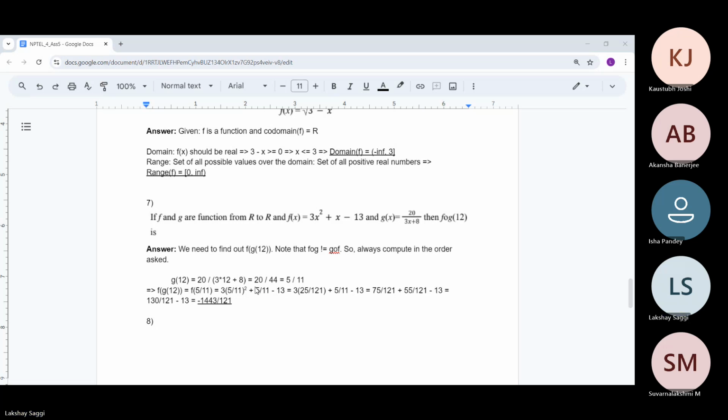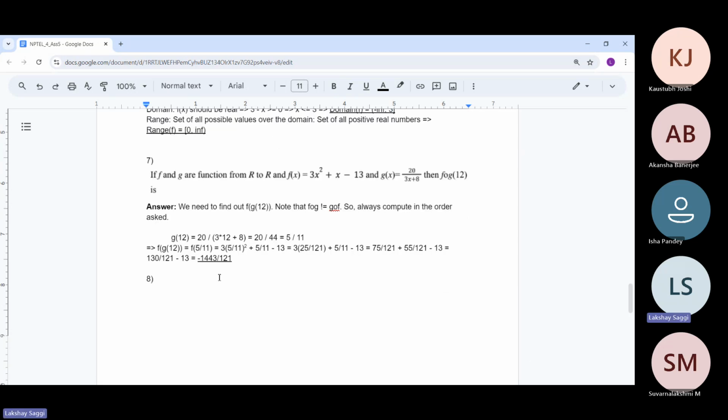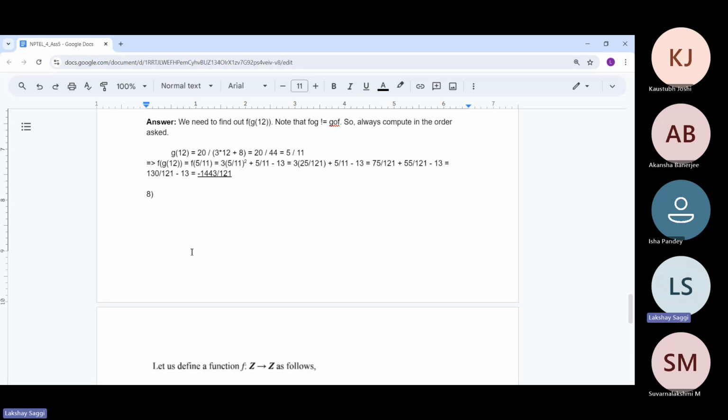But is everyone able to follow what I'm doing till now? Kaustav, Akansha, Isha. Okay, so Akansha says that she's able to follow. So I'll just be assuming that others are also able to follow. Because if you don't inform me, guys, then there's no way of knowing if you understood or not. So yeah.